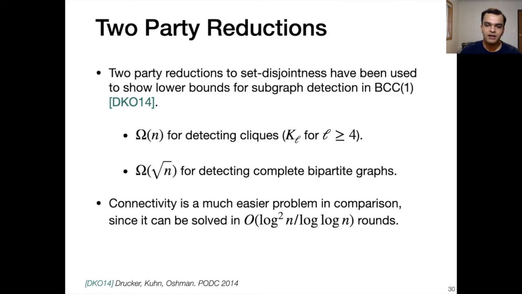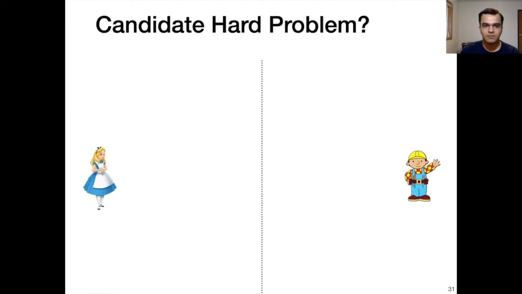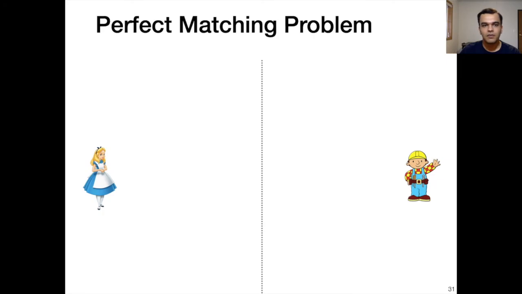Connectivity, on the other hand, is a much easier problem in comparison since it can be solved in log squared n over log n rounds, exponentially faster. And in fact, reductions to set disjointness don't quite work out in the case of connectivity for showing logarithmic lower bounds. So, what is a candidate hard problem that we can use?